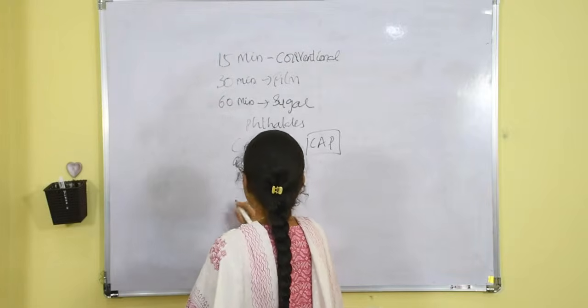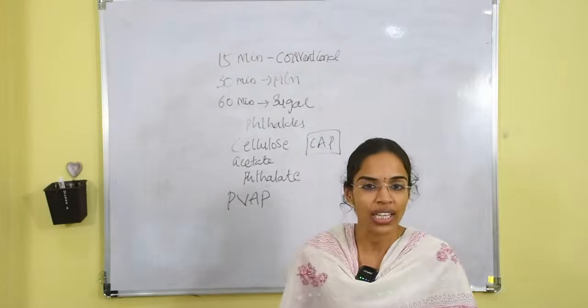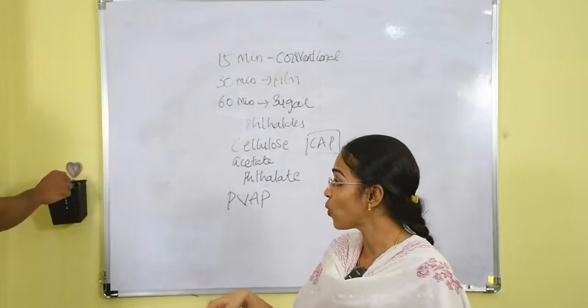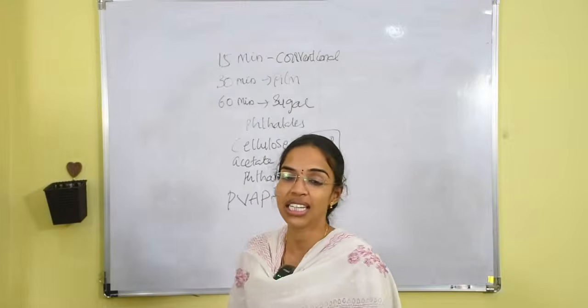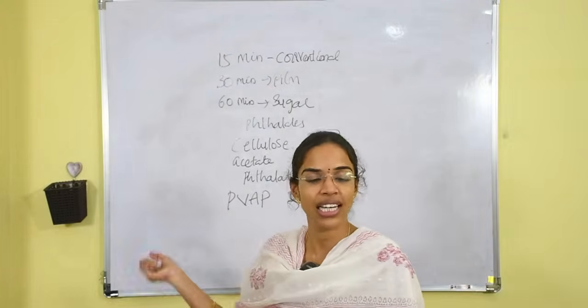All the phthalate polymers and also polyvinyl acetate phthalate. So there are so many enteric polymers which are usually used in enteric coating.